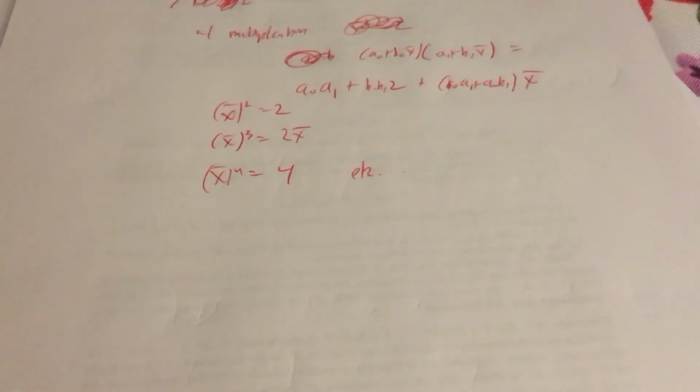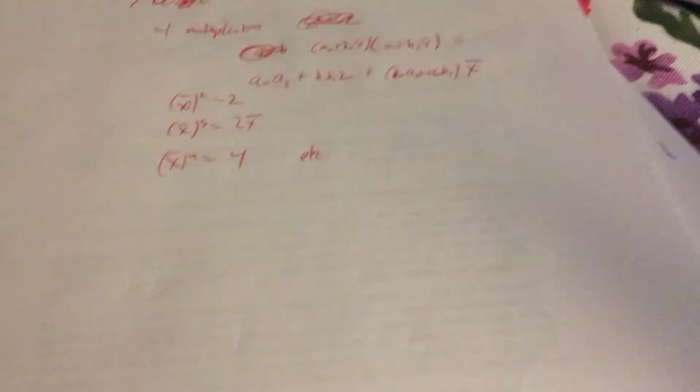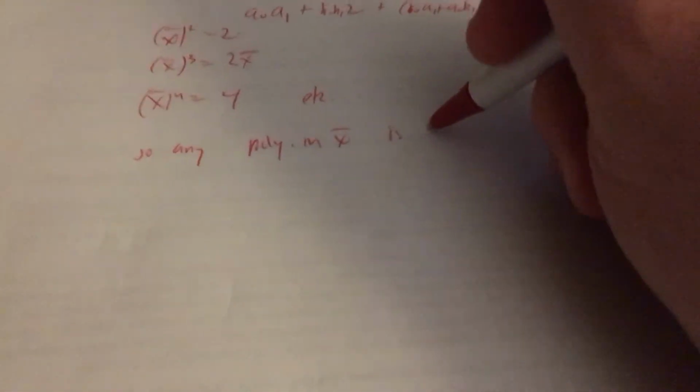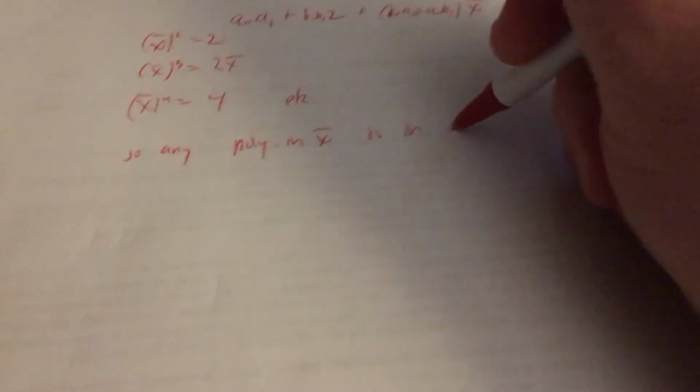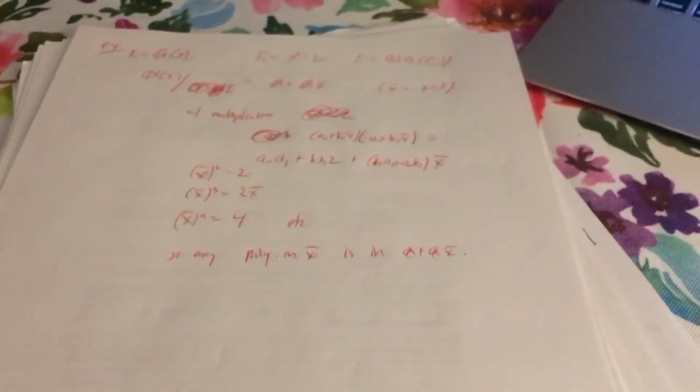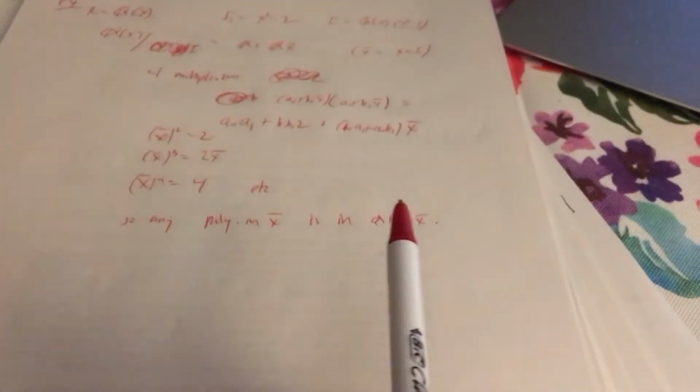So if I take any polynomial in x bar, I actually only get things of the form rational number plus rational number times x bar. So any polynomial in x bar is contained in Q plus Q x bar. And since everything in this ring is a polynomial over Q in x bar, this is the whole ring.